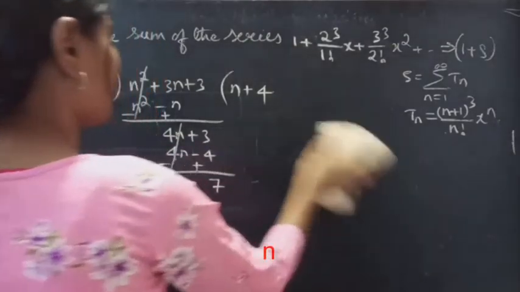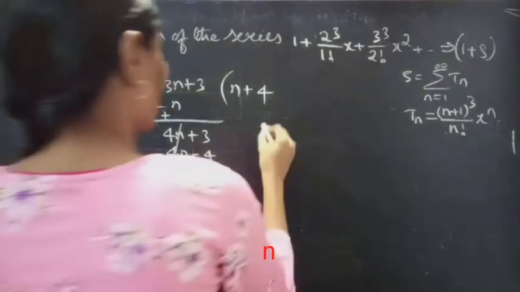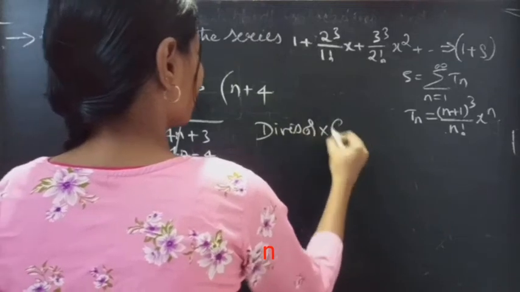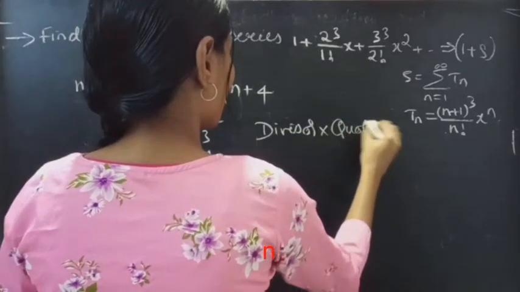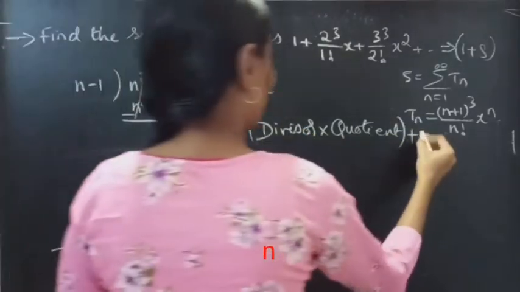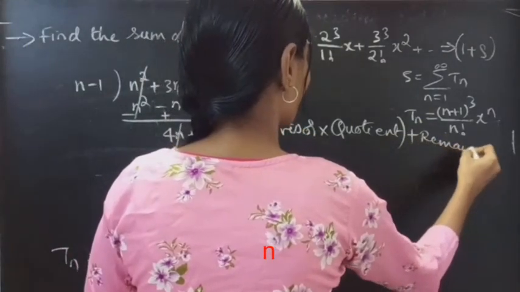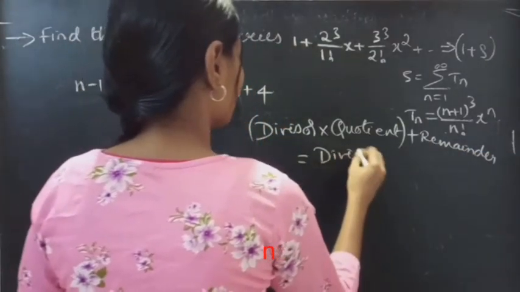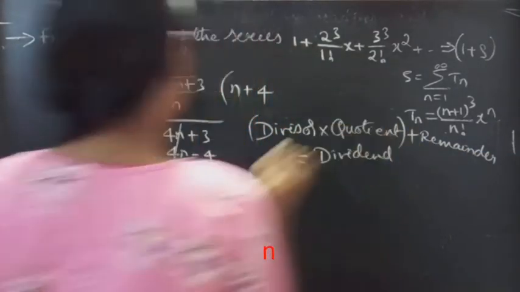We know that divisor into quotient plus remainder gives dividend. Let's check.